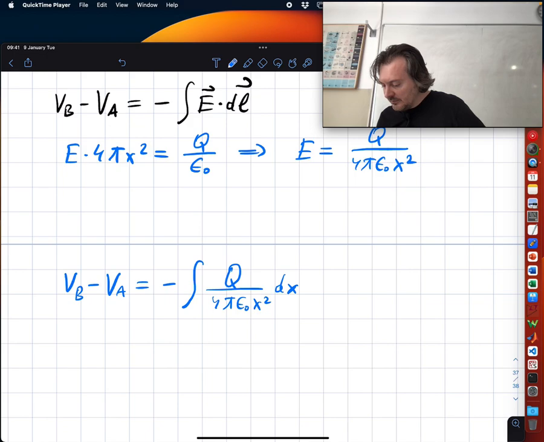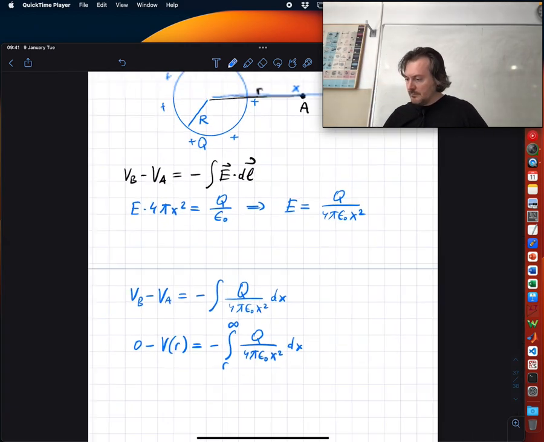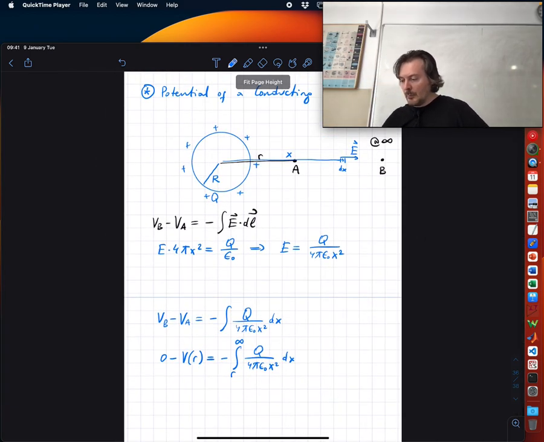VB is at infinity, so VB at infinity is 0, minus VA, which is potential at R, equals integral going from R to infinity, Q over 4 pi epsilon 0 x squared dx. Everything is clear here? Yes.